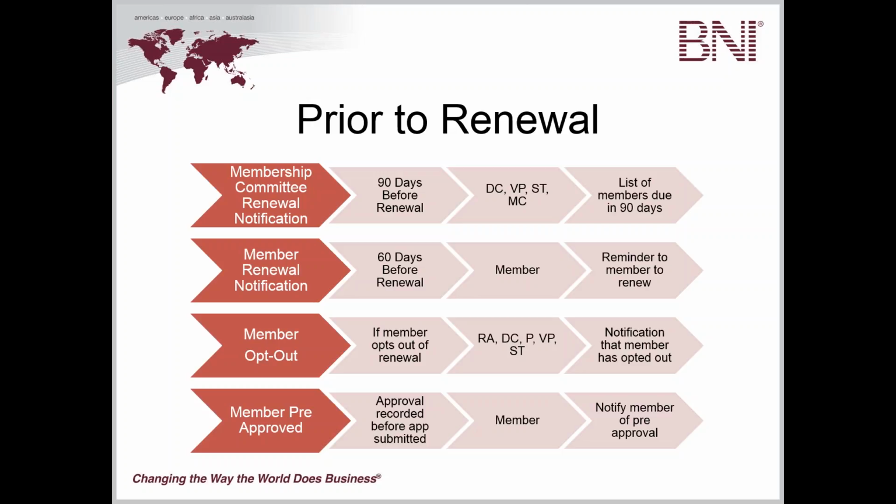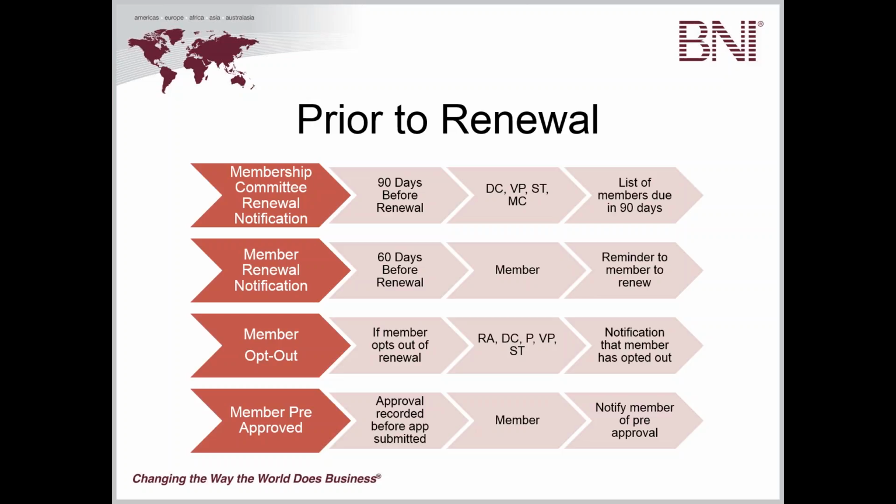I do not wish to renew at this time. That will mark it in their record. Again, it does not drop the member. It just sends an email notification to the regional office, the director, and the leadership team saying, hey, you know what, you might have a problem here. This member does not want to renew. So you might want to find out the reasons for that.